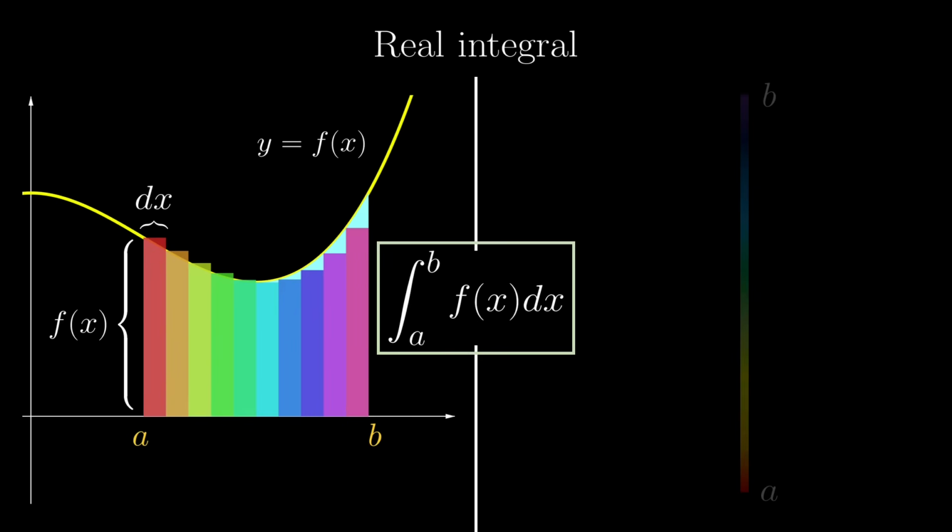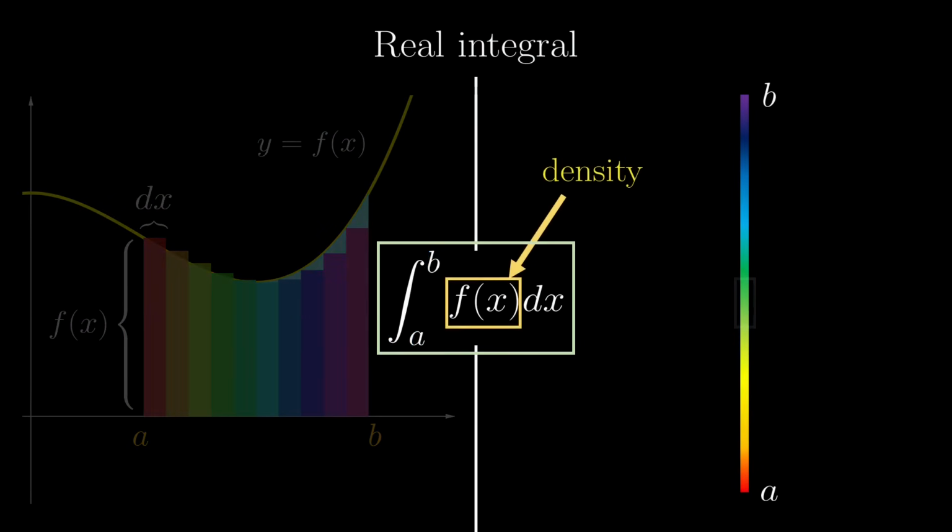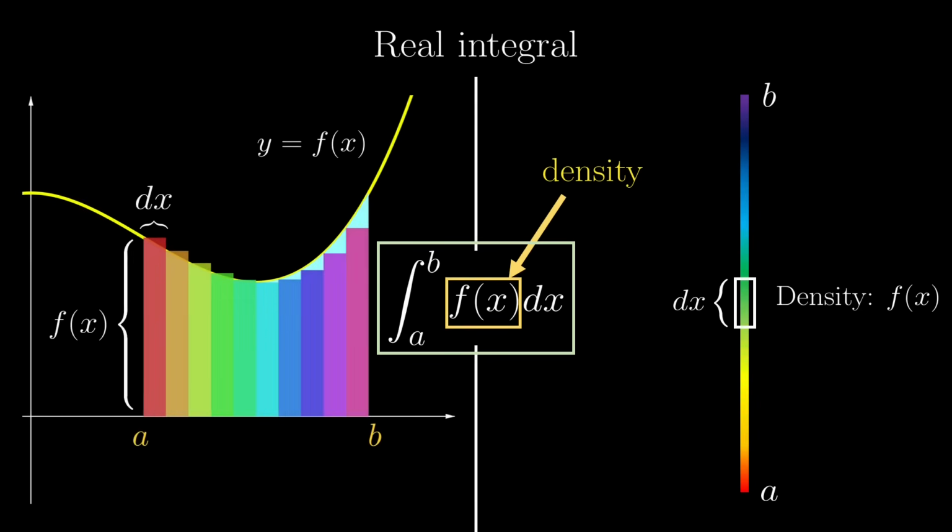I mean, after all, this symbol is just a long s for sum. For the rod intuition, the integral just represents summing up masses of these little rods. F of x represents the density of the rod at that point, and dx is the length of the little rod. We are going to replicate the concept of summing up little things for complex integration.